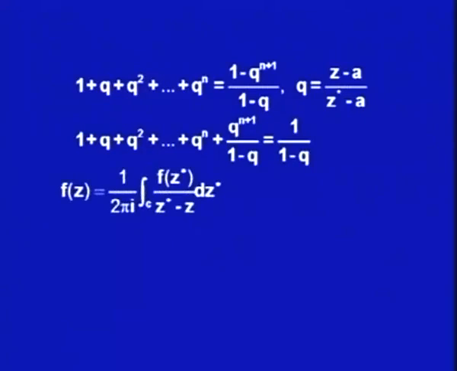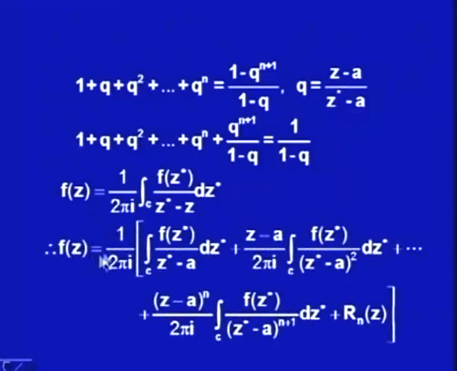Now, with this simplification, we come back to the integral 1 upon 2 pi i, integral of f(z*) over (z* minus z) dz*, representing f(z), and we write it as 1 upon 2 pi i, integral of f(z*) over (z* minus a) dz*. This term corresponds to 1, plus (z minus a) into 1 upon 2 pi i integral of f(z*) over (z* minus a) whole square dz*.